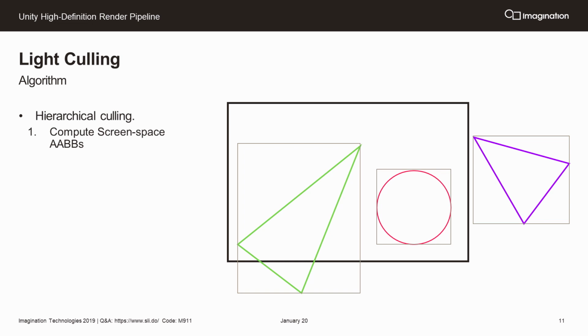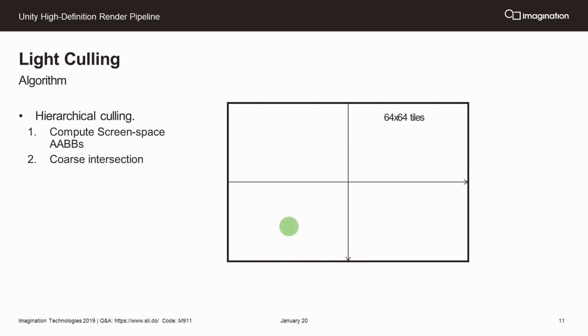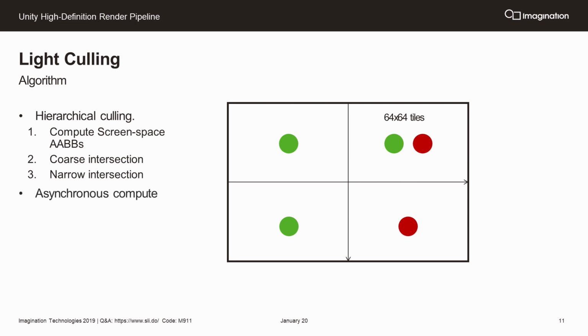So next is a coarse intersection test between the 2D AABBs and tiles sized 64 by 64 pixels. Now, after this test, there's a narrow intersection test done to build the resulting tiles and clusters. So this technique is completely performed on asynchronous compute in parallel to shadow map rendering to reduce the overhead.